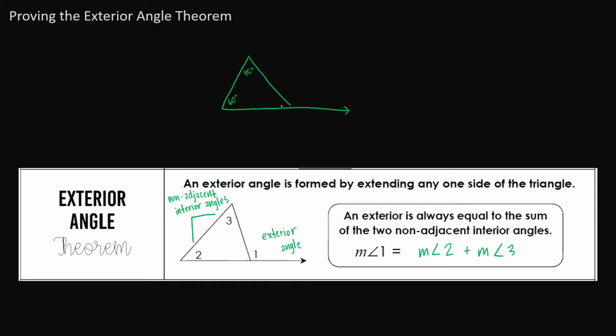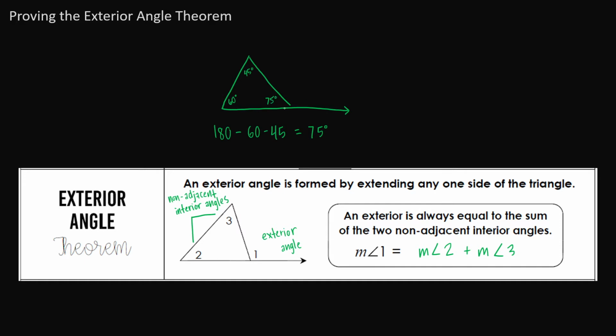Let's use the triangle angle sum theorem to figure that out. Well, I know that this missing angle would be 180 minus these two given angles, 60 and 45. And so 180 minus 60 minus 45 would be 75 degrees.